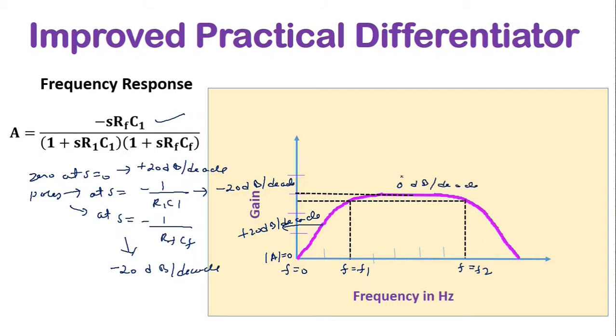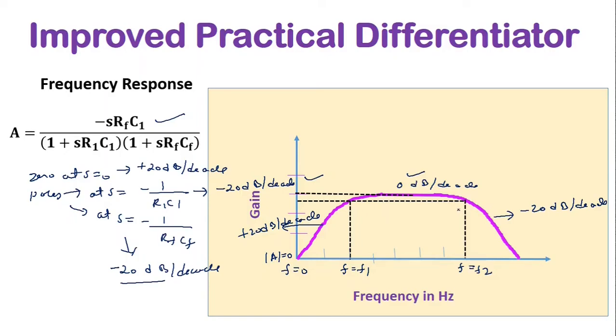Why is this 0 dB per decade? Because when we add this initial slope of plus 20 dB per decade with this minus 20 dB per decade, we will get 0 dB per decade. And again when this 0 dB per decade is added with this minus 20 dB per decade, we will get the next slope of minus 20 dB per decade.